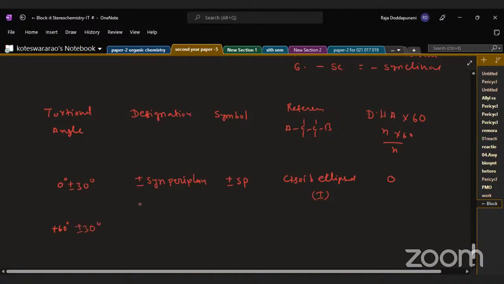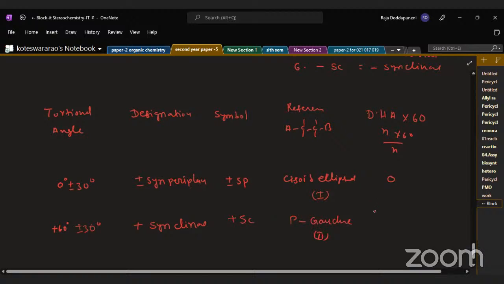This is known as synclinal, plus synclinal, indicated with plus SC. Now this structure is known as Gaussian, whatever structure is observed in the second structure in the previous conformation. Para-Gaussian. In the structure 2.